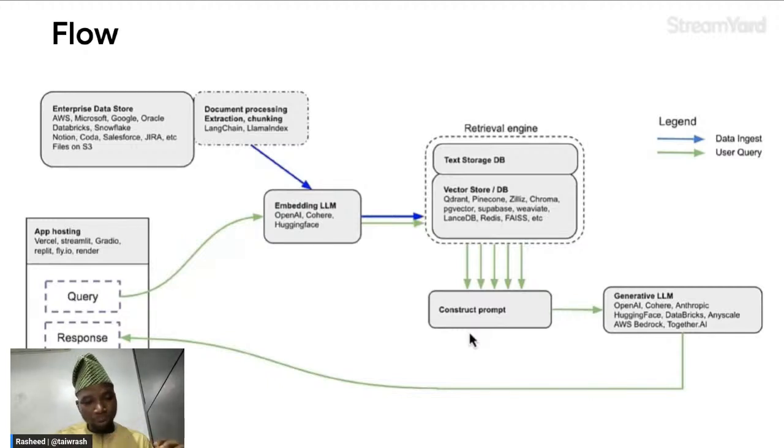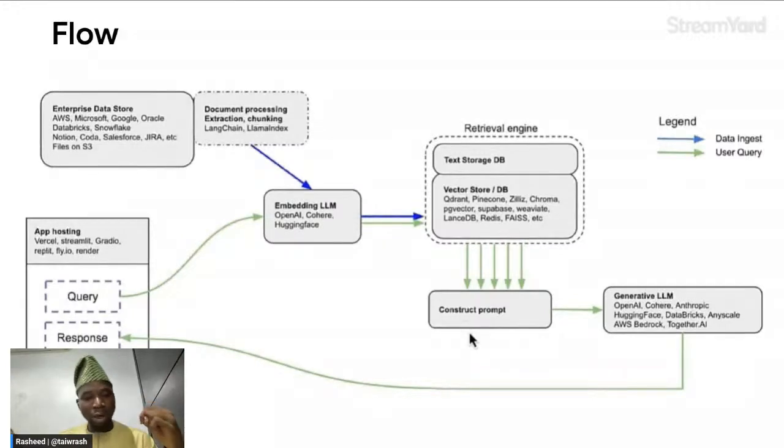I will pick "this" as one word, "is" as one word, and "Taurash" as another word. So dividing that single sentence into three different chunks is what we call documenting and chunking. That is a very crucial process that we need to do when we are creating our RAG system.